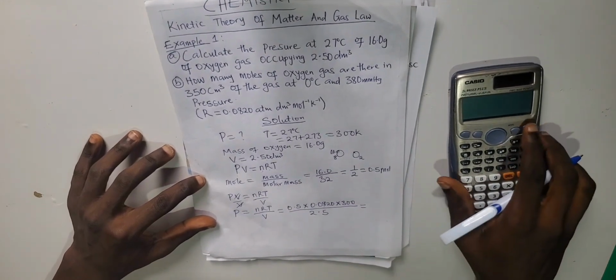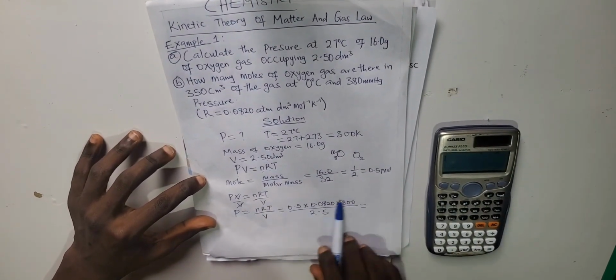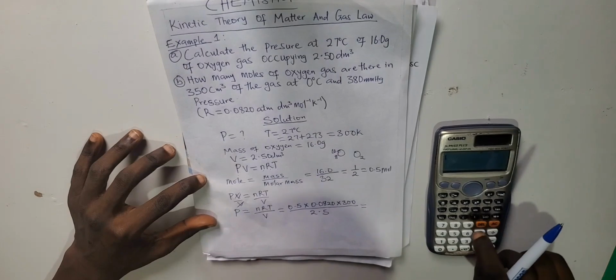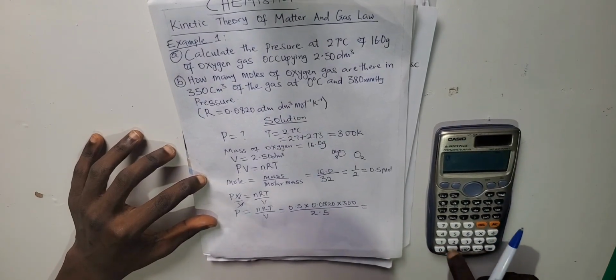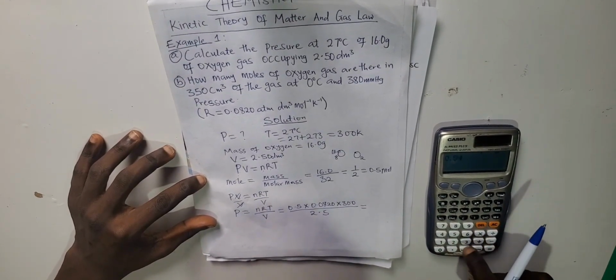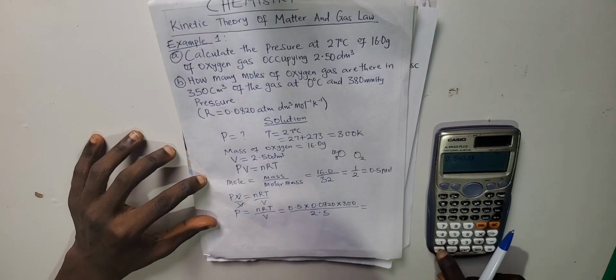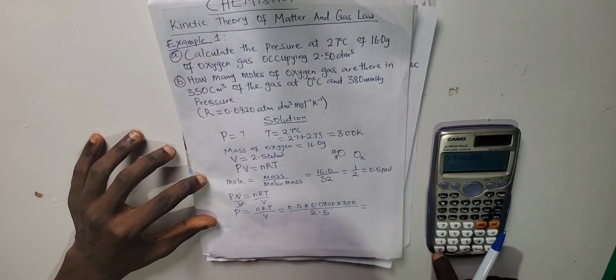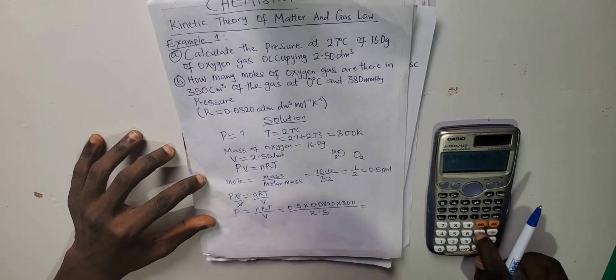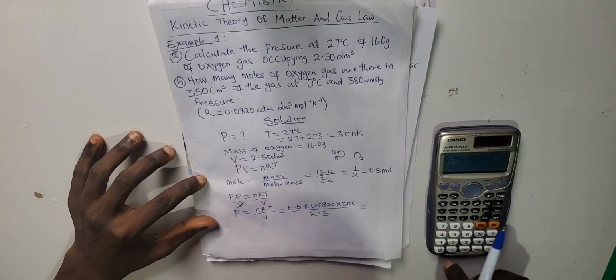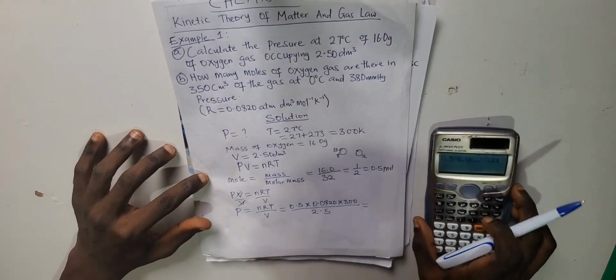So from my calculator here, I will multiply the numerator. I will have 0.5 times 0.0820 times 300.